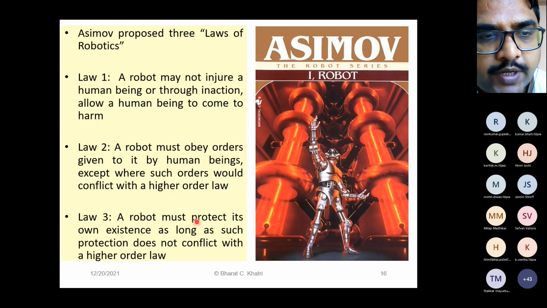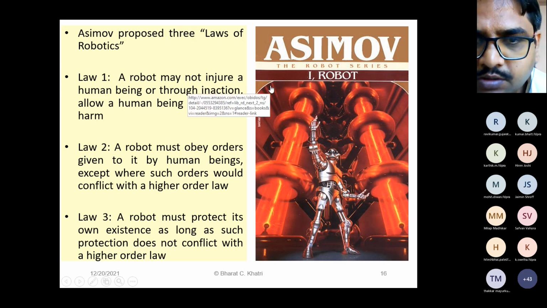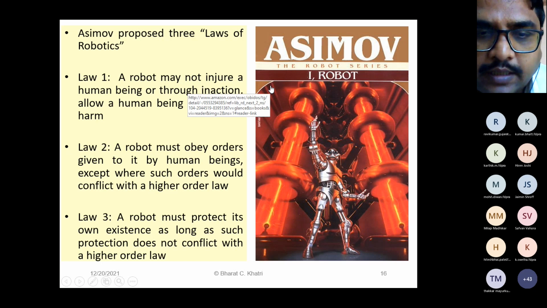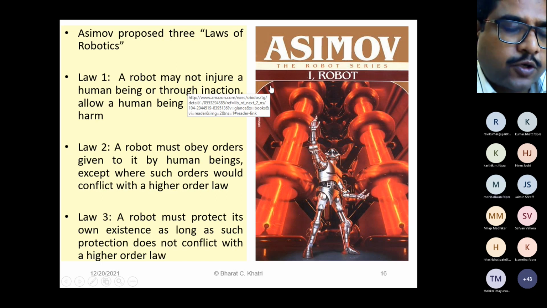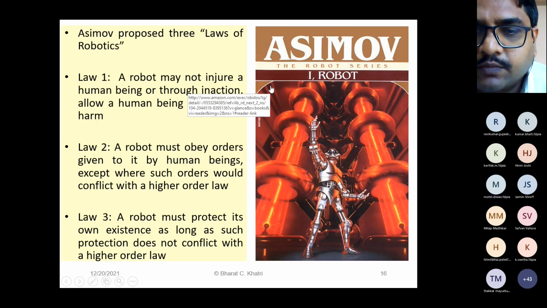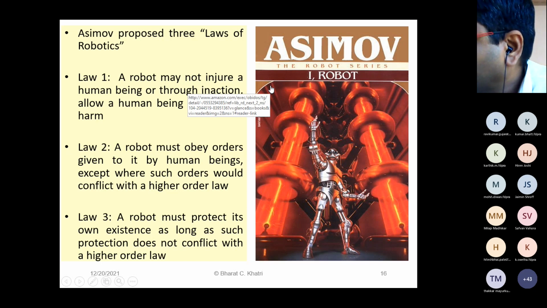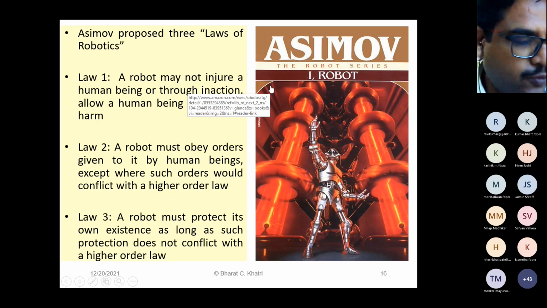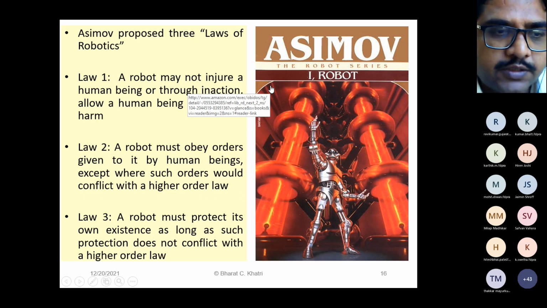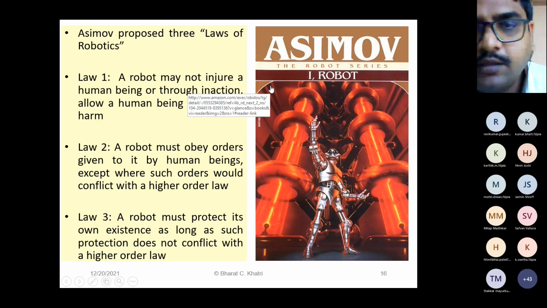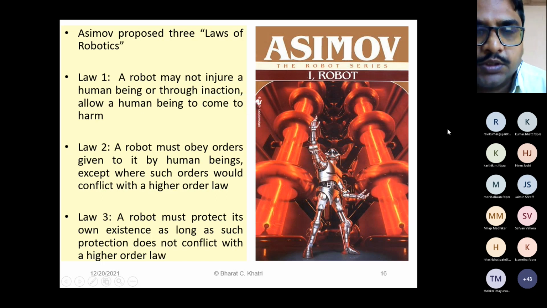Third, a robot must protect its own existence, but take care of the higher order laws. So these three laws are strictly followed whenever robots are designed. It is not like the movies you have seen in Hollywood or Bollywood, where robots are designed to cause injury to persons. That is not allowed. The programming is not allowed for that. It is illegal and not ethical also. So these are the boundaries drawn by Asimov.